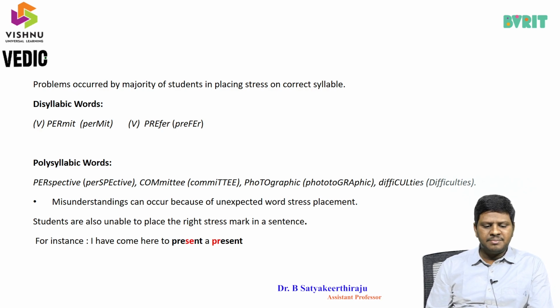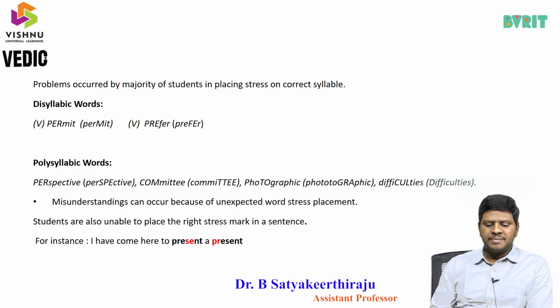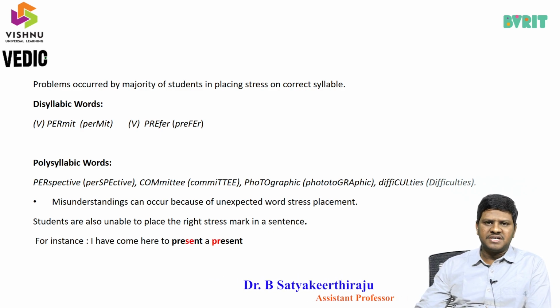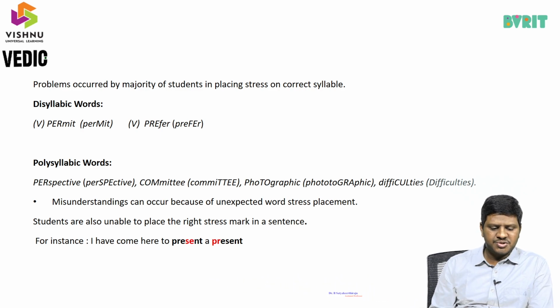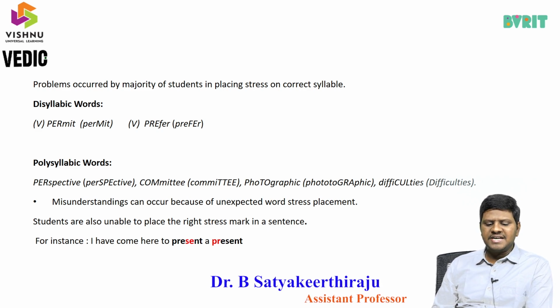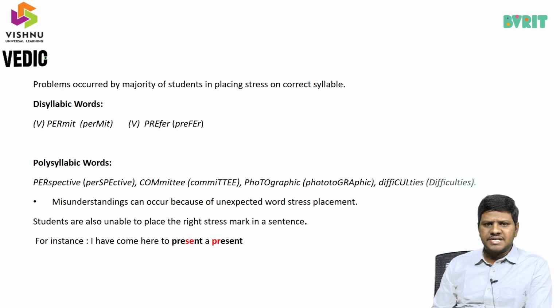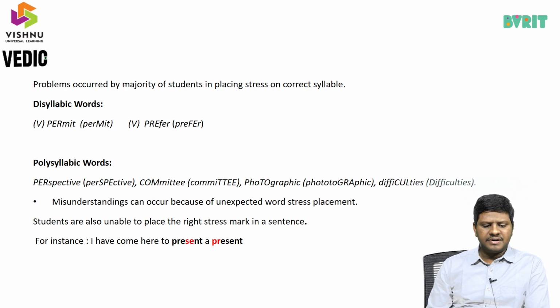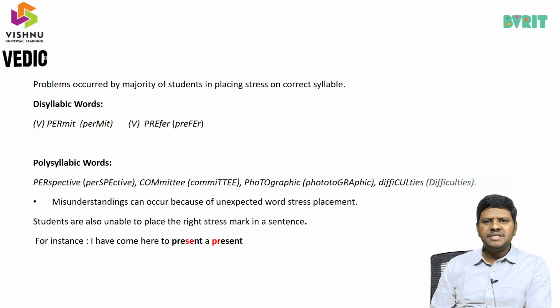Misunderstandings can occur because of unexpected word stress placement. You can see the example: students are unable to place the right stress mark in a sentence. When we go through sentences, and the words where they take stress on verbs or nouns, they are getting confused and are unable to use it in an appropriate manner. For instance, I have come here to present a present.